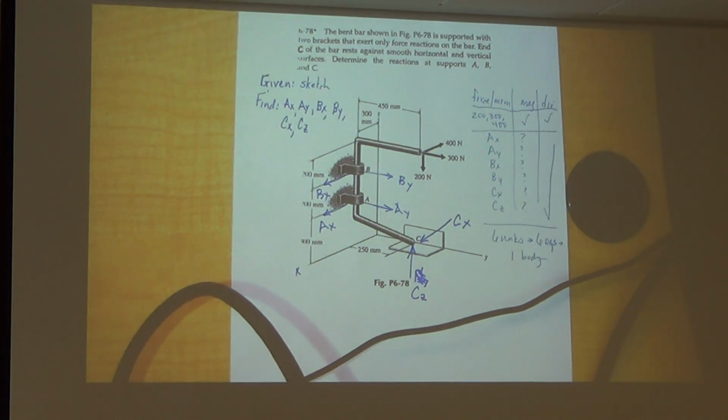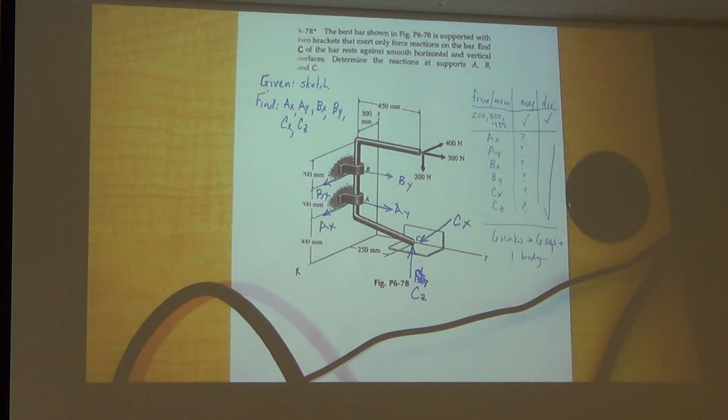No. Does the 400 create a moment about x? No. Why? Parallel. Right, all three of those are parallel. AX, BX, and 400 don't create a moment about x. But how about AY and BY? Do AY and BY create a moment about x? Yeah.